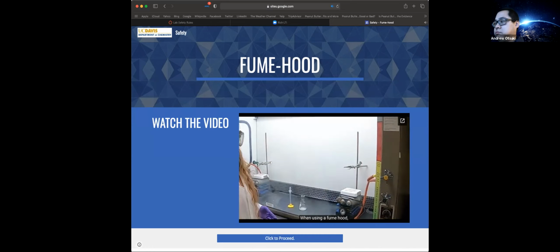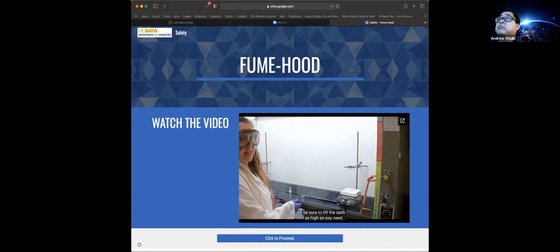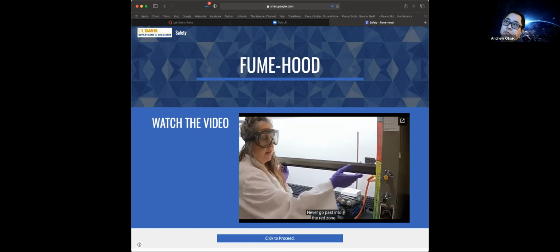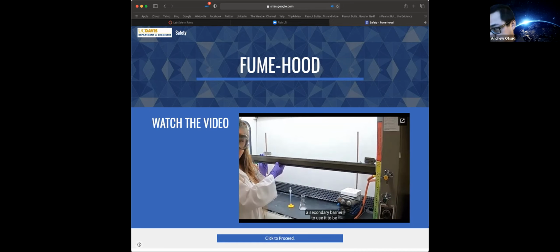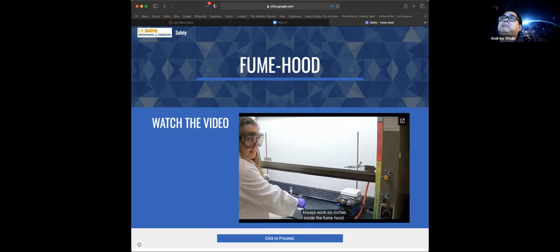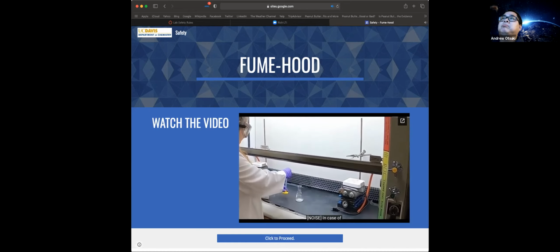When using the FUME-HOOD, be sure to lift the sash as high as you need. Never go past into the red zone, and try to think of this as a secondary barrier, to be able to work as low as possible and letting this be your safety barrier. Always work 6 inches inside the FUME-HOOD.